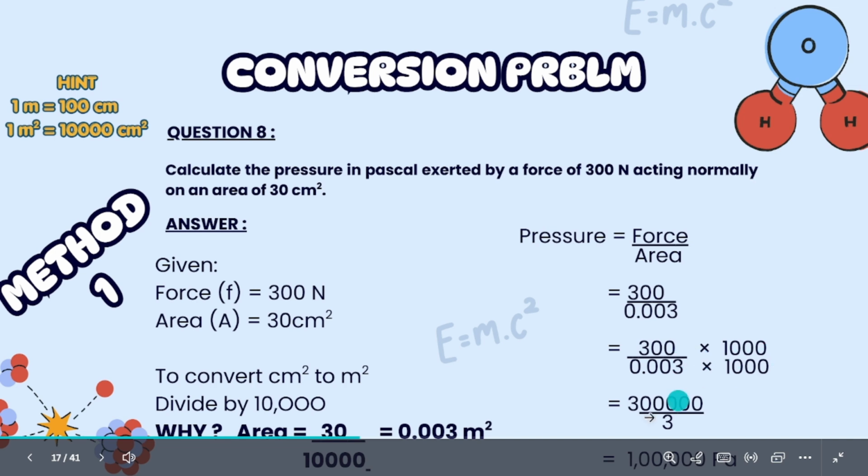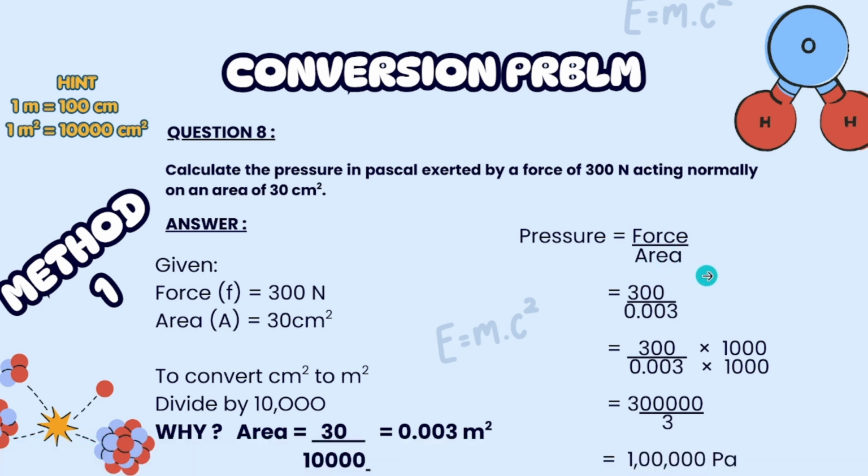That is nothing but 5 zeros. Divided by, to remove this point, we have multiplied with 1000, so it will be 3. 3 ones are 3, 3 ones are nothing but 1 lakh. And what will be the unit? Pascal, because force is in SI unit, area we have converted into SI unit. So what is the SI unit of pressure? Pascal.